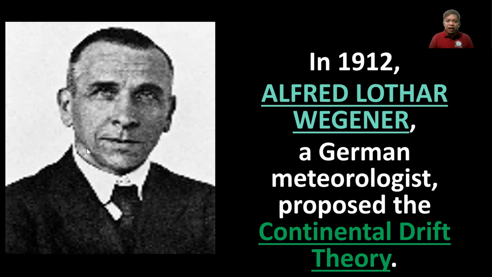When we say theory, it is a possible explanation to something. It is an explanation of something happening in the world or in the universe. It is not just any explanation, it is an explanation supported by experimentation, by the scientific method. So it underwent the scientific method, and this theory was formed. And the theory is known as the Continental Drift Theory.